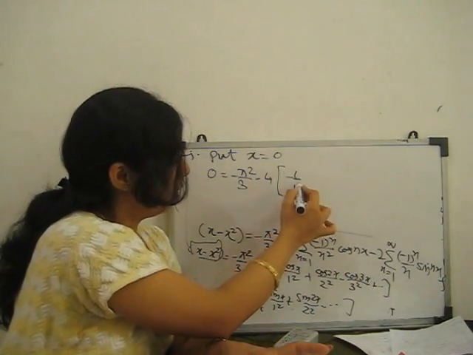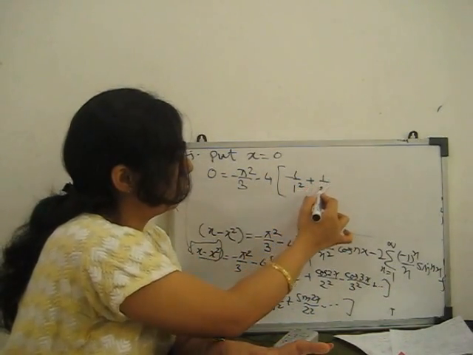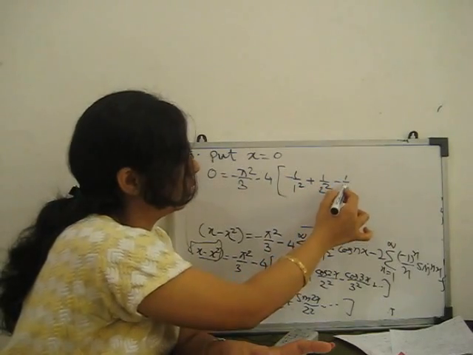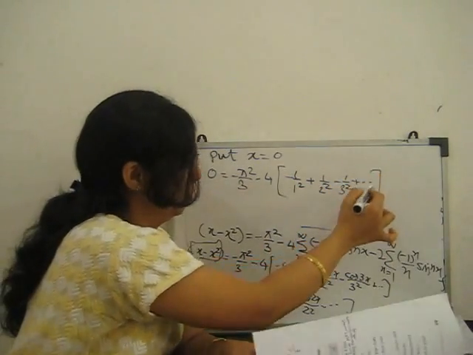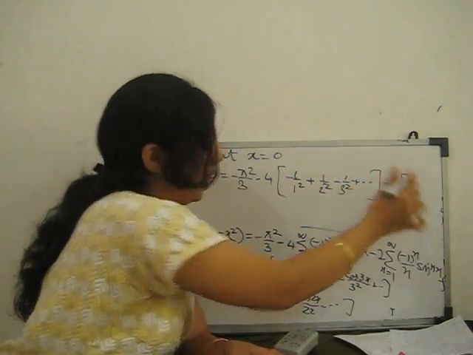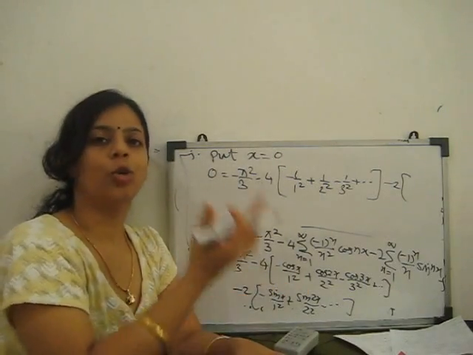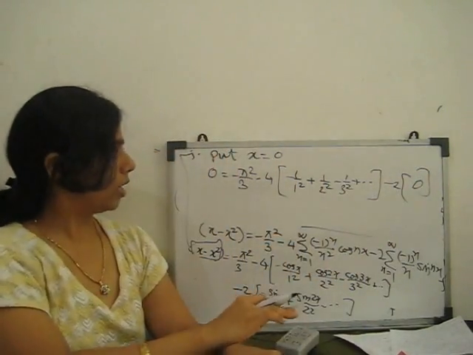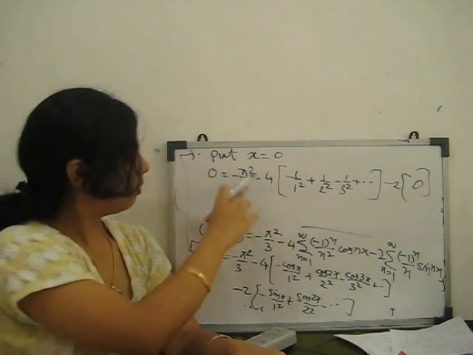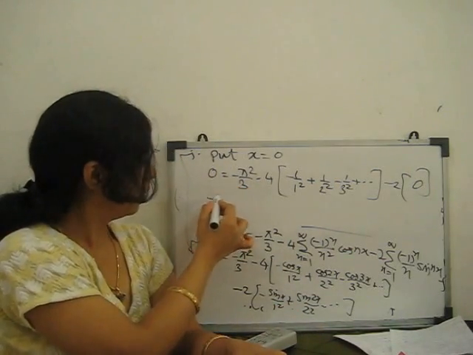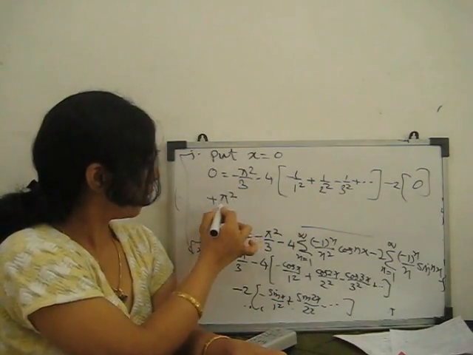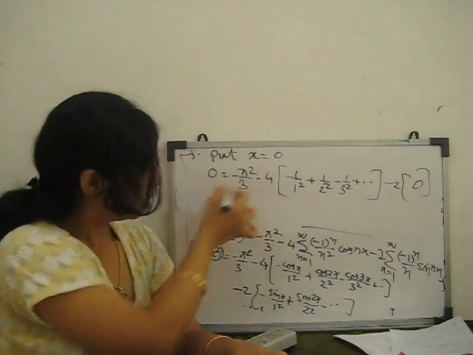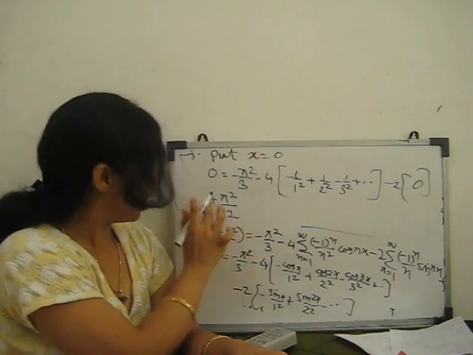So minus 1 by 1 square plus 1 by 2 square minus 1 by 3 square and so on. Minus 2, and next sin 0 is 0, sin 2 times 0, sin 3 times 0. So this goes to 0. Clear? So now what is our term? This goes to this side, plus pi square by 12.